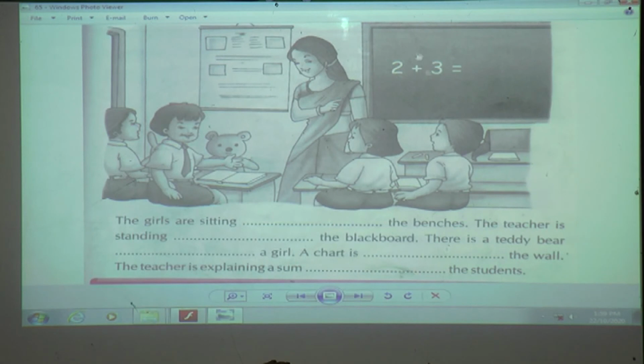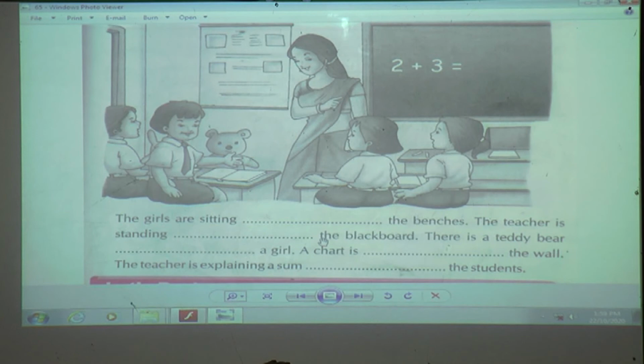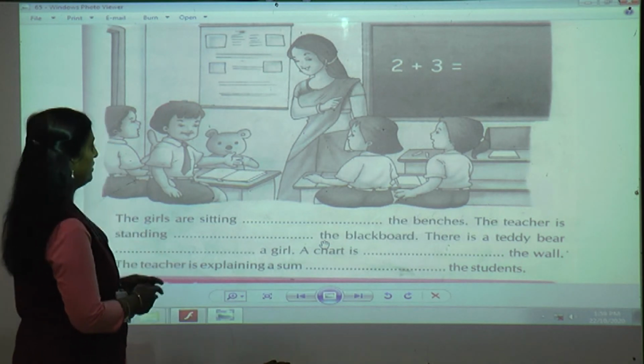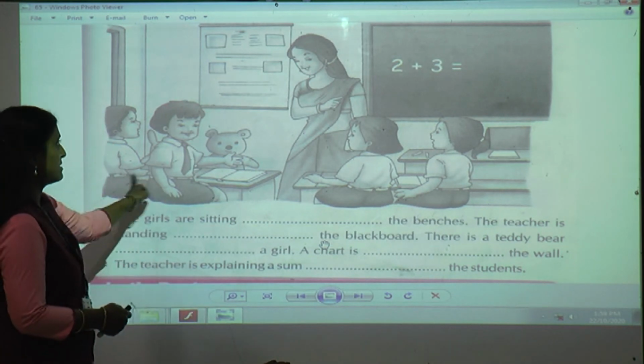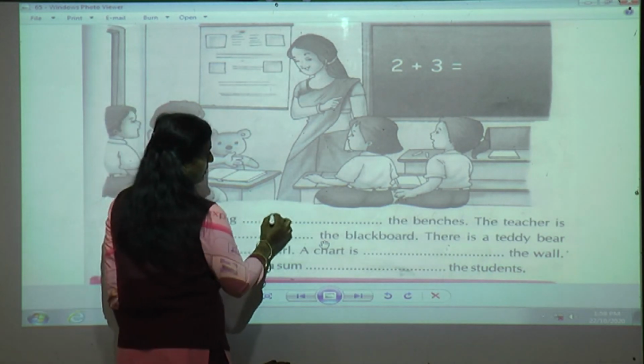Now look at this picture and then we will solve this. Or you will solve. I hope that it is very easy. Yes, still we will solve. The girls. Now in this picture, where are they sitting? They are sitting on the benches.